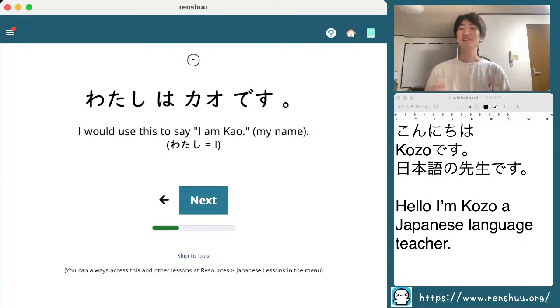So sometimes I just say こぞです。It means I am こぞ. So as you said, 私は blah blah です sounds kind of polite, because the sentence is completed.